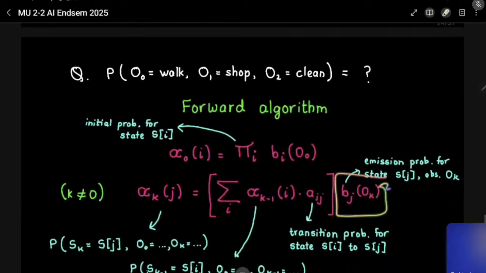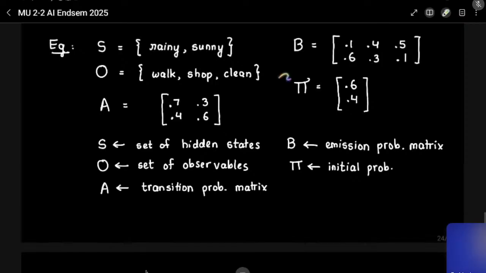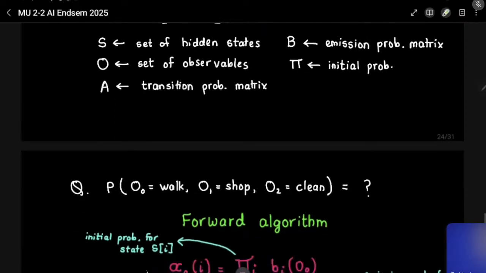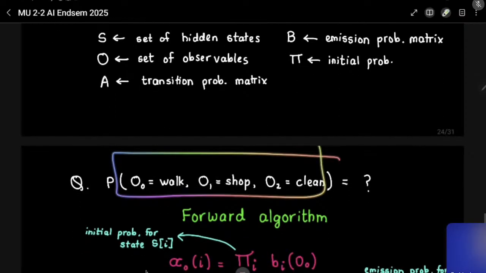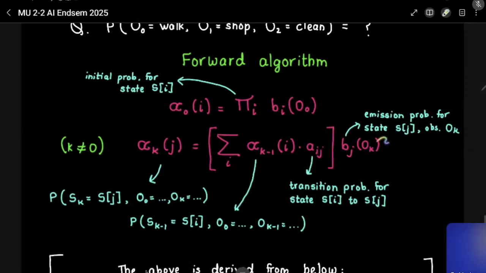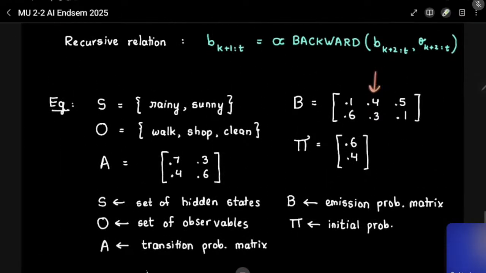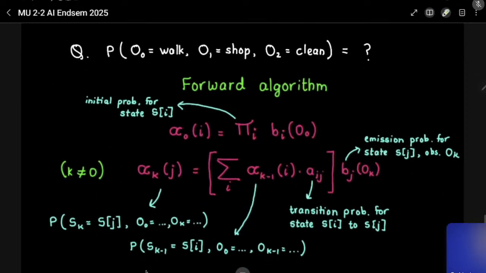So Bj ok, j is the state you currently are in, ok is the observation at time k. Don't come looking for the observation here. The observation will be given in the sequence. So at time 0, time 1, time 2, what is the observation? Depending on that observation, you have to go here and look at the emission probability matrix. We'll look at an example.